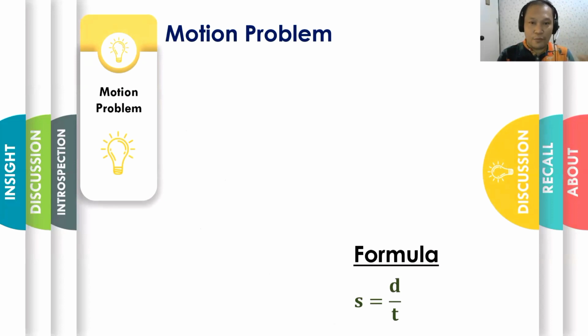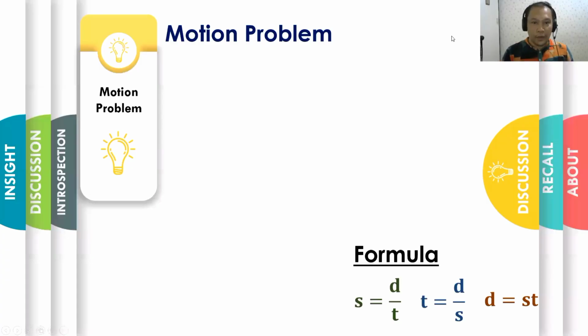And from that formula, we can generate other formulas: time is equal to distance over speed, and distance is equal to the product of the speed and the time.